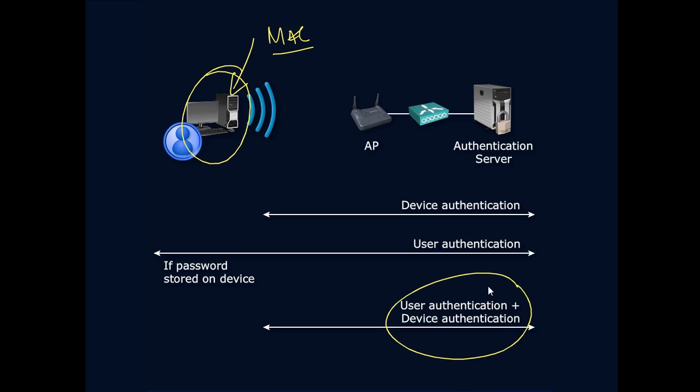Now that is great, but what if the password is stored on the device? And then I authenticate the device. Does anyone see a problem with that? What can happen if I authenticate the device and the password's stored on that device? Well, that means it doesn't matter who the person is, does it?